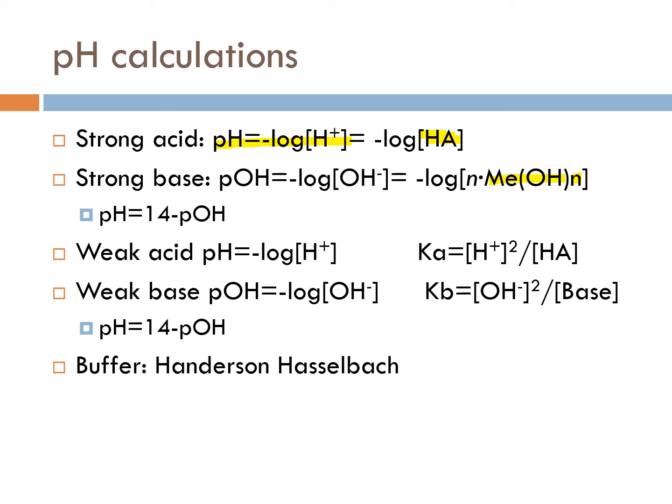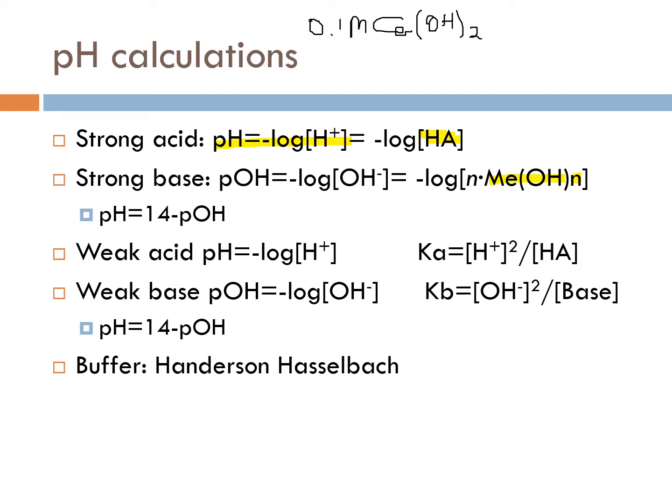So let's say that you have a solution that is 0.1 molar calcium hydroxide, and you need to calculate the pH. First of all, as a first step you are going to get the pOH, because you have a base, so you're going to calculate the concentration of the OH minus.